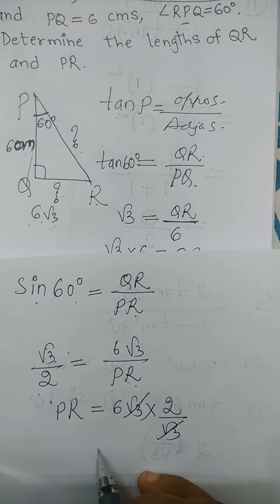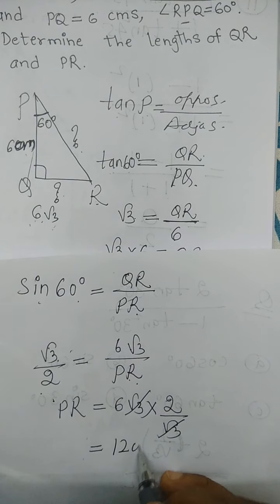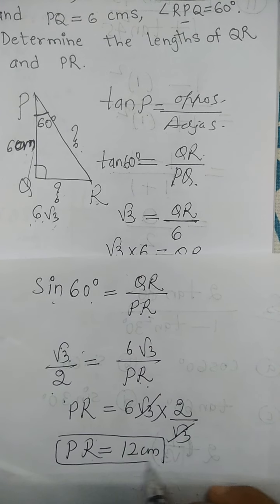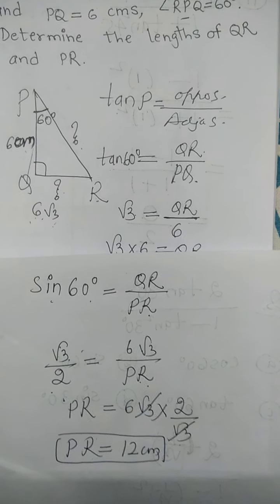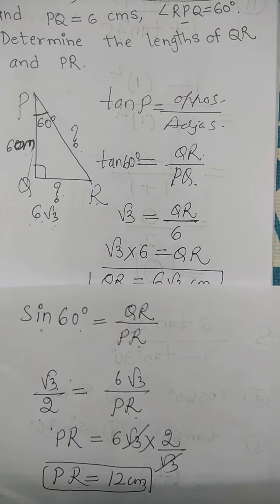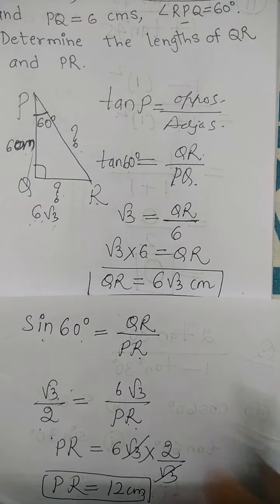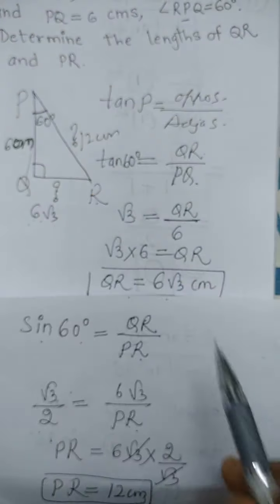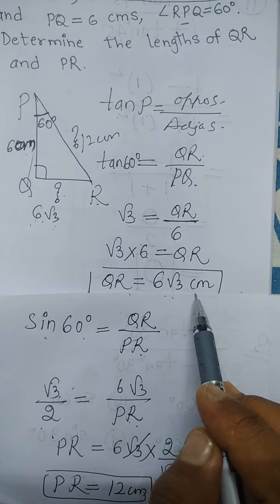Root 3 cancels and you get 6 twos are 12 centimeter. PR is 12 centimeter. So we got the values of QR and PR: PR is 12 centimeter and QR is 6 root 3 centimeter.